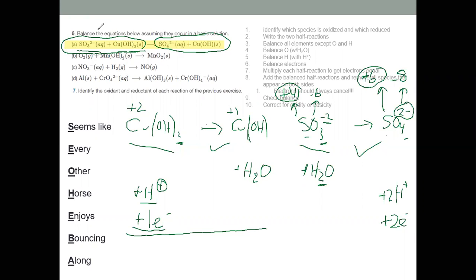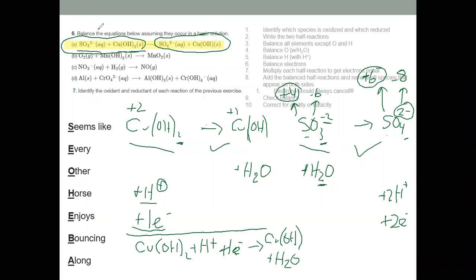So let's take a bit of a step back here. We're going to write down just this half reaction. We're going to focus on it for right now. Copper hydroxide 2 plus proton plus 1 electron, and that's going to copper hydroxide plus H2O.